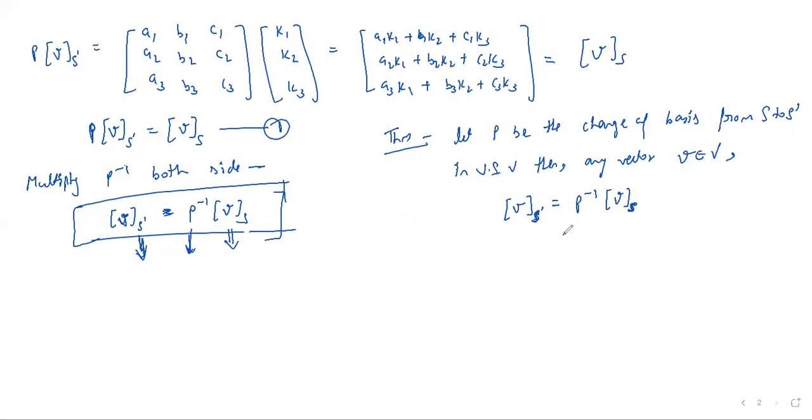If we multiply the coordinates of v in basis S by P inverse, we get the coordinates of v in S dash, the new basis.